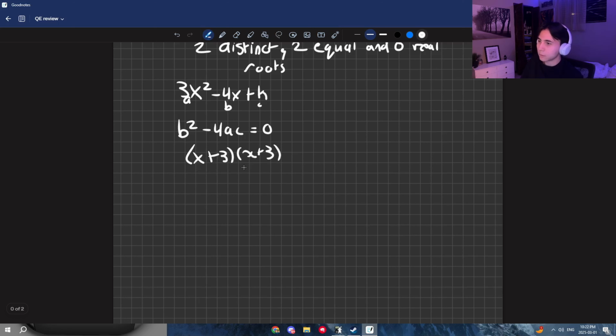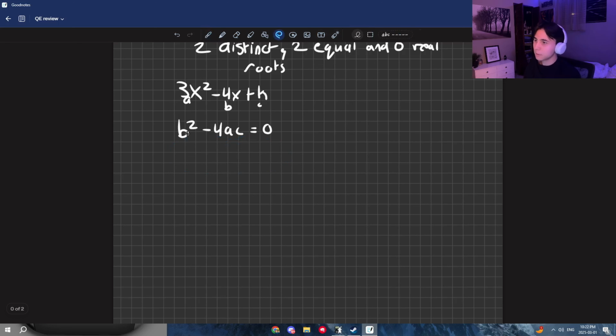This gives you a perfect square trinomial where both solutions are equal, meaning they have one solution overall, but two equal solutions. Two equal solutions and one solution are synonymous, interchangeable. So just make sure you're aware of that.